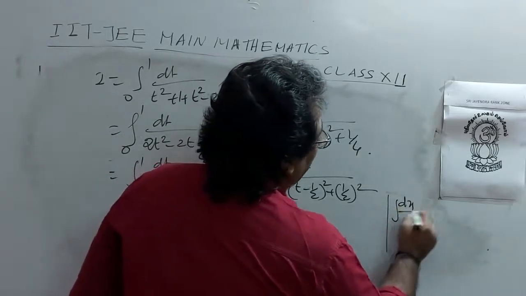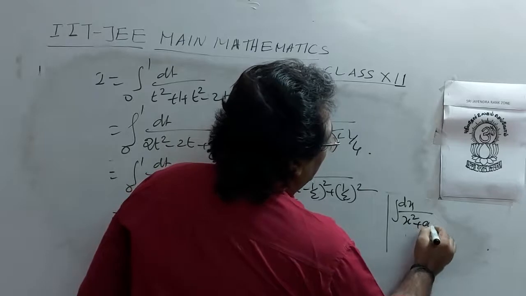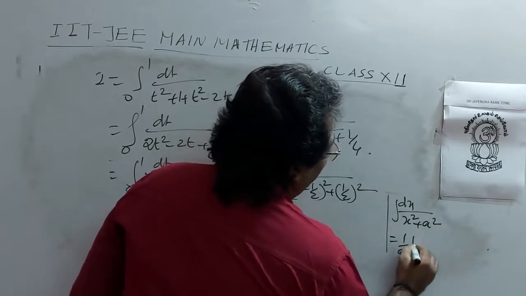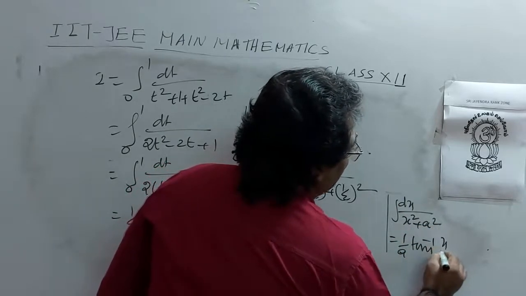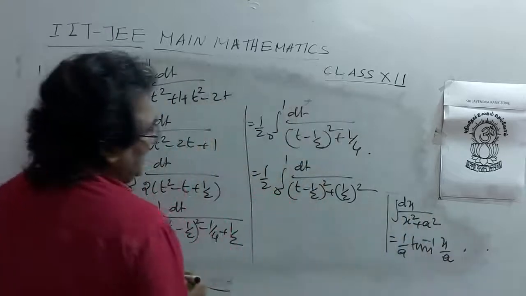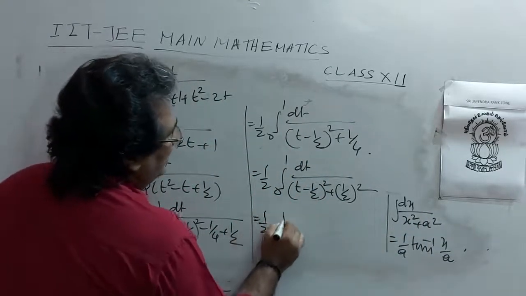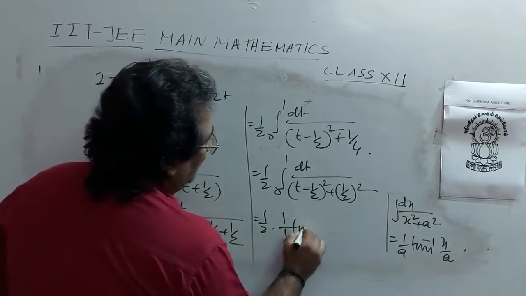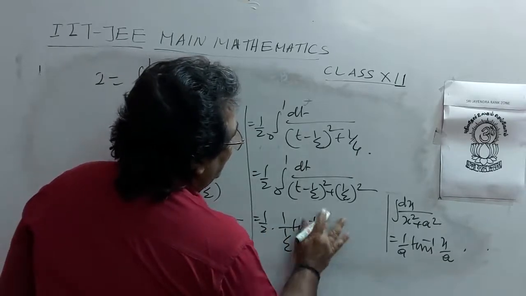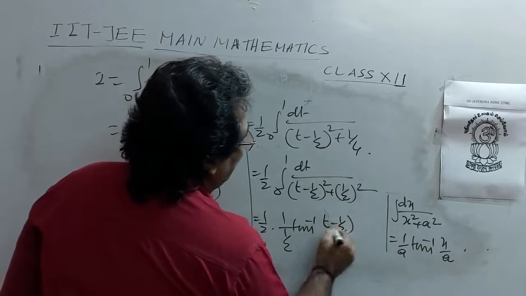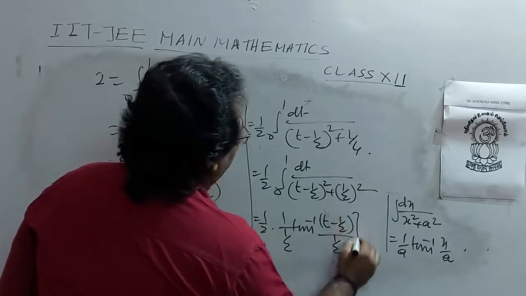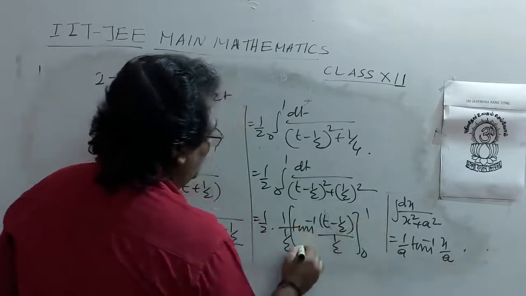In dx by x square plus a square, the result is 1 by a tan inverse of x by a. So 1 by 2 times 1 by a, that is 1 by 2, tan inverse of t minus 1 by 2 by 1 by 2, over 0 to 1.